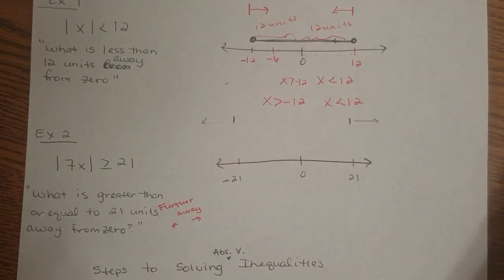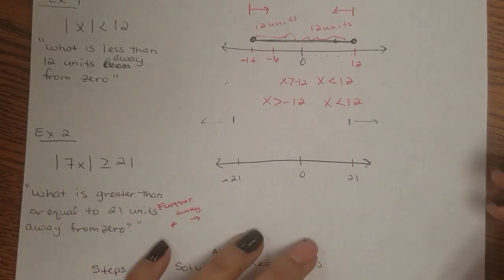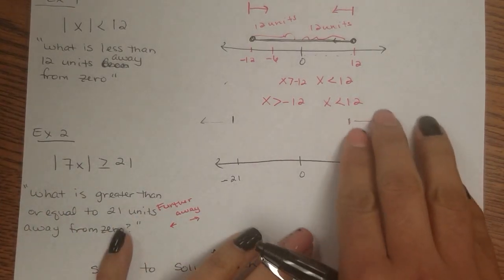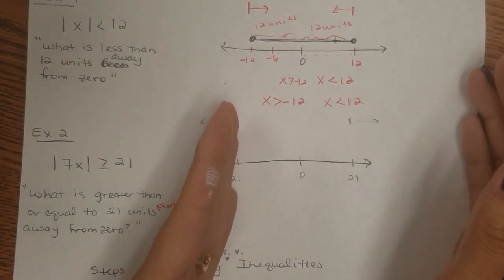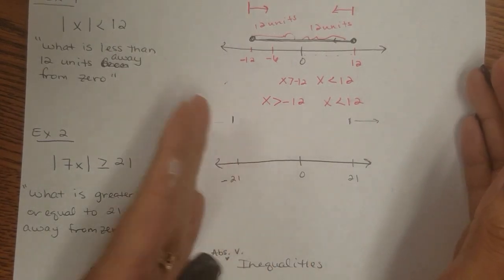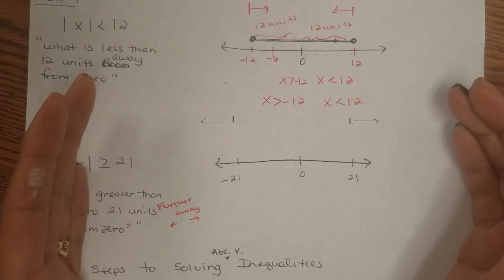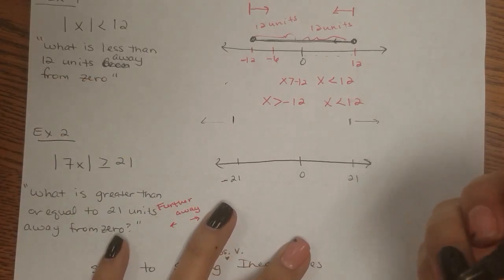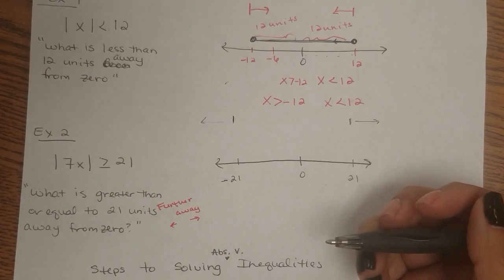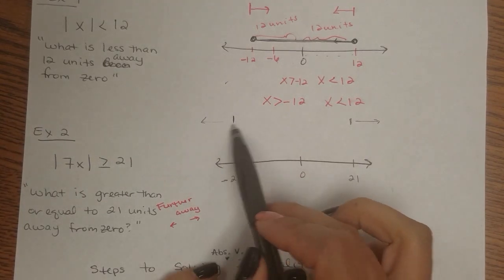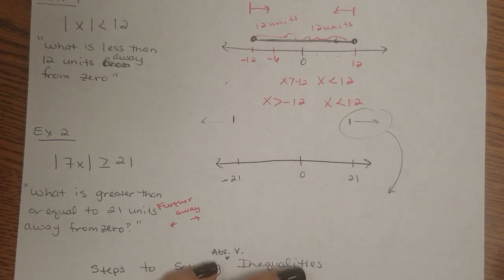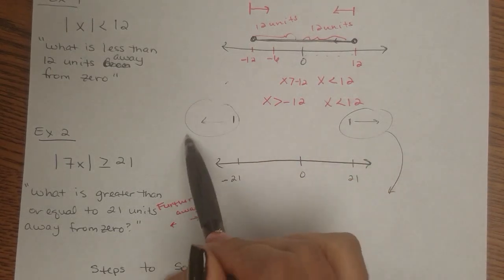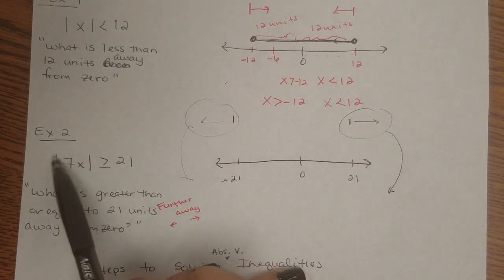So we have two different scenarios here. We need an inequality that represents all the numbers further away to the right, and we also need an inequality that represents all the numbers further away from 21 on the left-hand side. So you're going to have to write two inequalities here for each of these sections. If I write an inequality over here to represent that, remember we still have 7x.